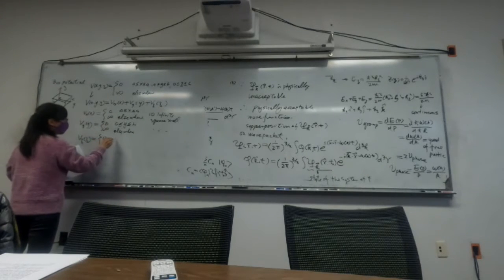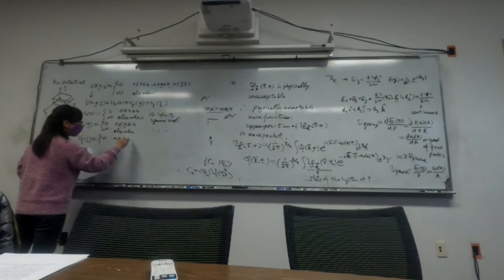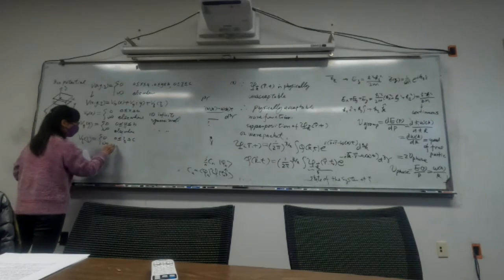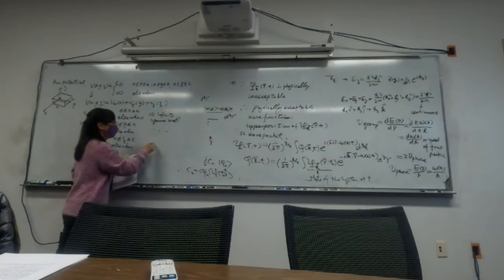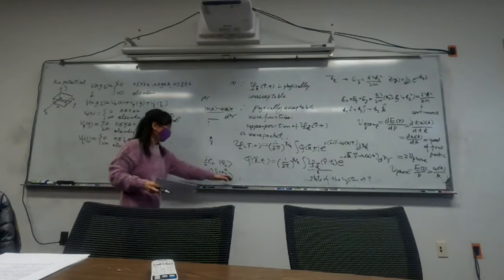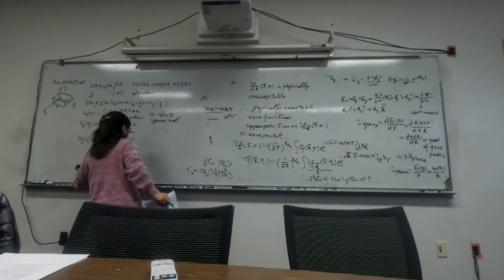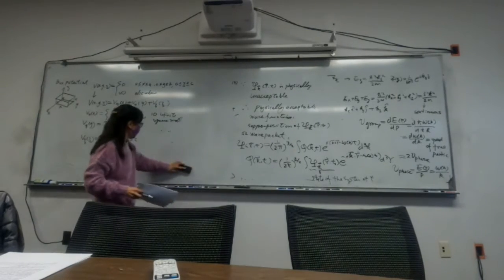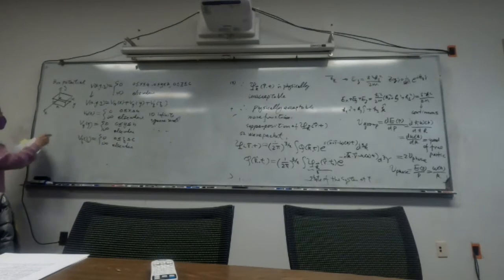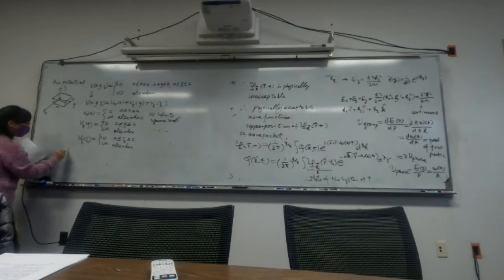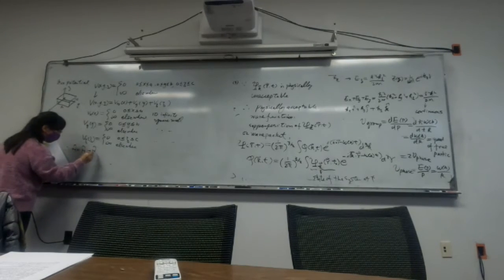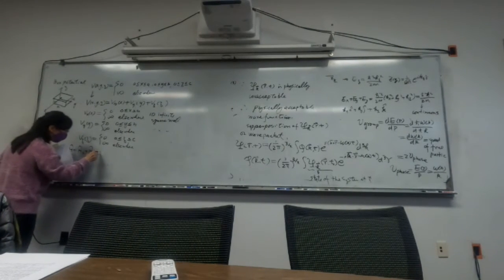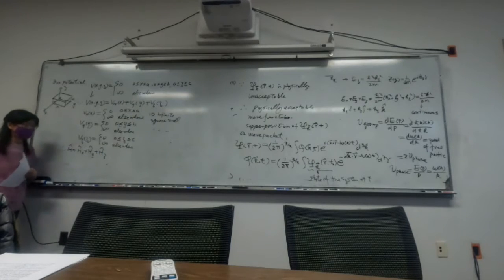Right? So now, let's do this one. We have H is separable too, because the kinetic energy part is separable. Therefore, if the potential part is separable, then the Hamiltonian is separable.